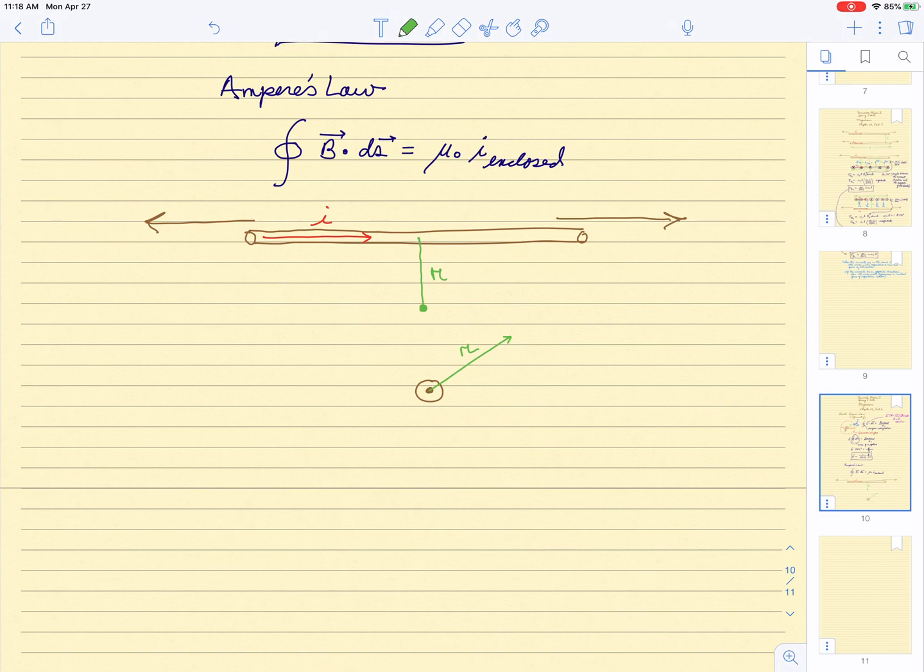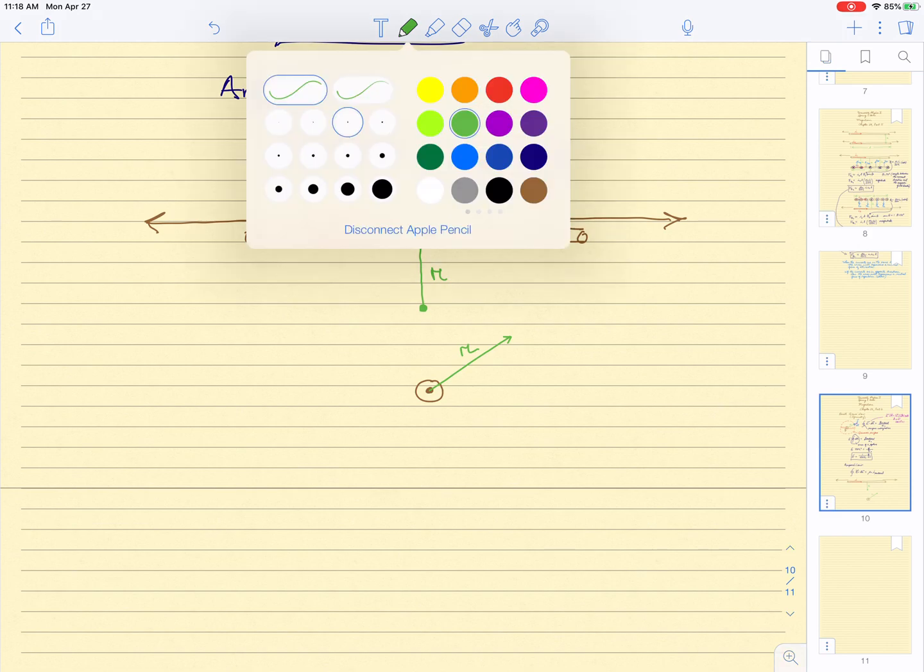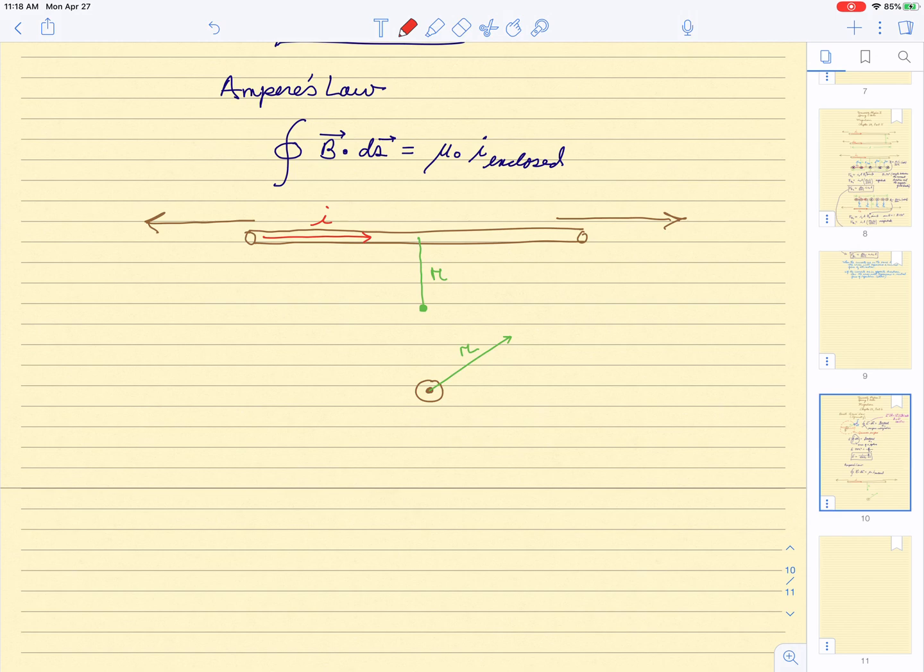Then what we do is, just like in Gauss's law, we form what's called an Amperian loop. So here's a closed loop, what is sometimes called an Amperian loop.